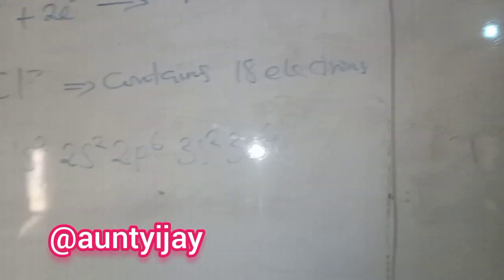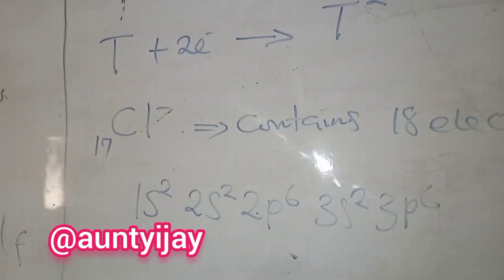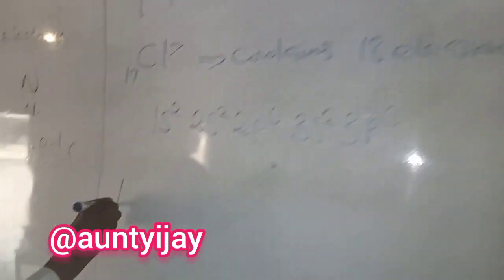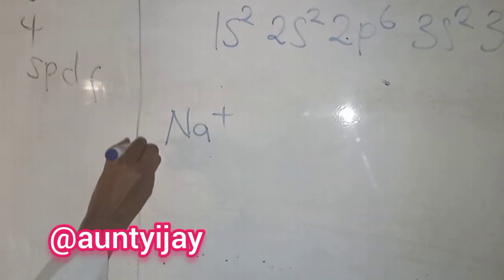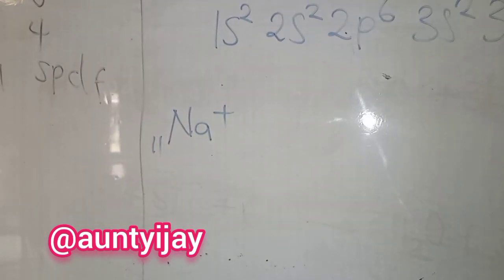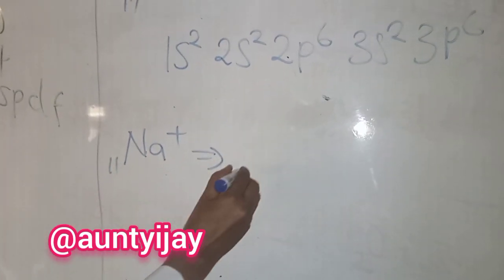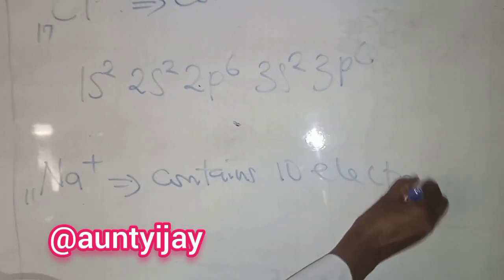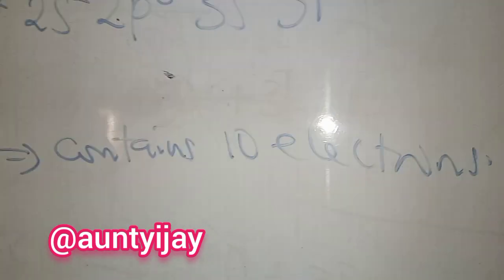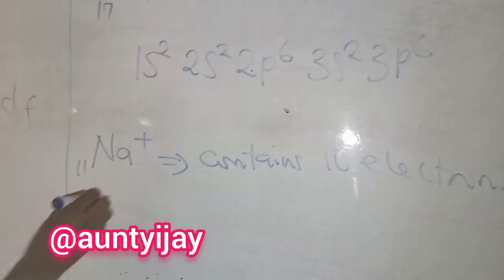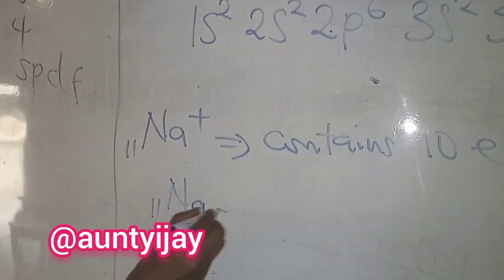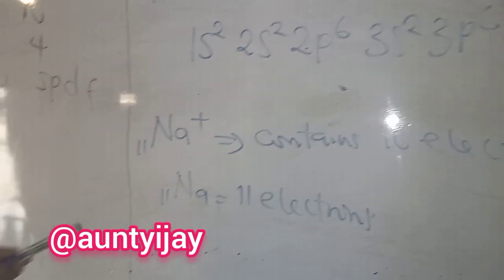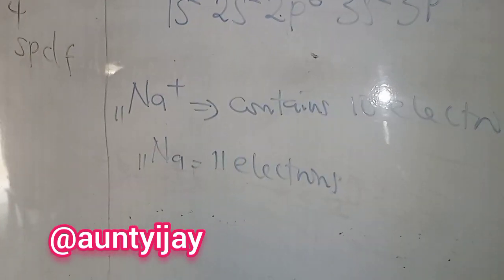We'll take one problem from writing the electronic configuration of a positively charged ion. Say the sodium ion with 11 as atomic number. That tells us that this sodium ion contains 10 electrons. You may ask why, since we are seeing 11 here. As an atom, sodium contains 11 electrons, but as an ion, it contains 10 electrons, having lost 1 electron.